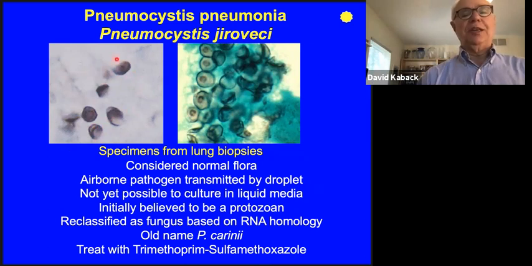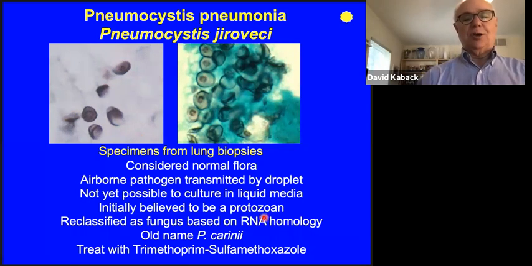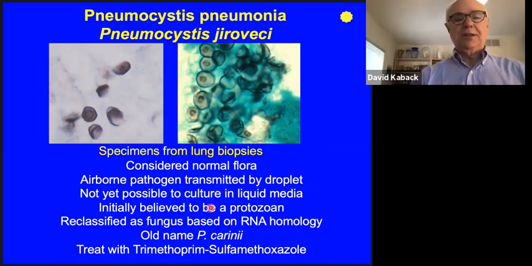In fact, they were yeast cells, and it's indeed a yeast that was determined when we analyzed its ribosomal RNA, because it didn't look like a protozoa. The ribosomal RNA sequence was clearly a fungus. Okay, it can cause lung infections in immunocompromised people.